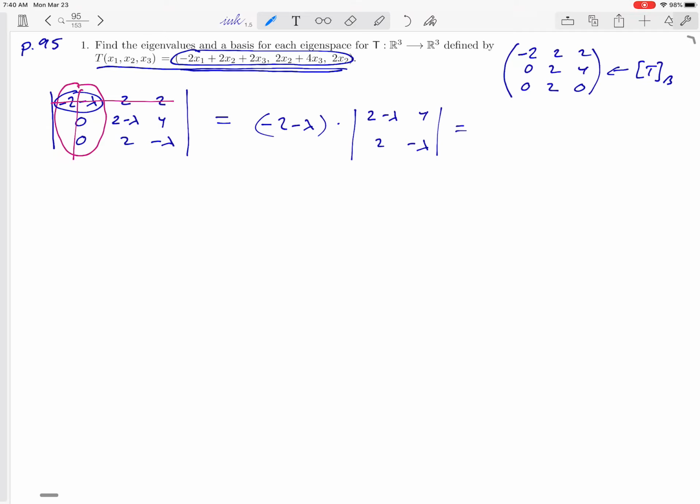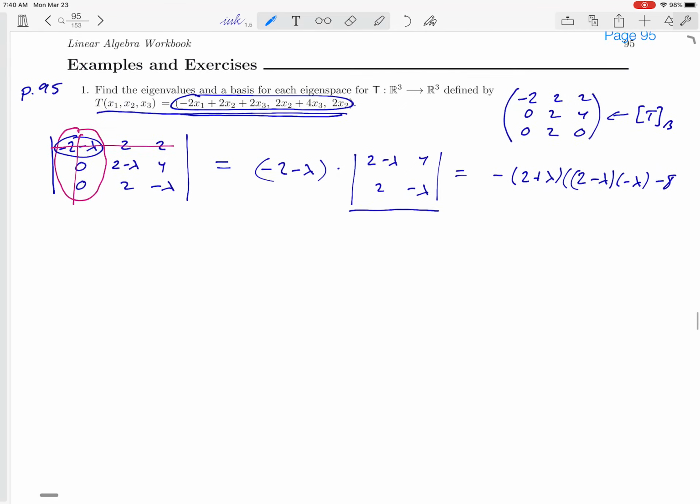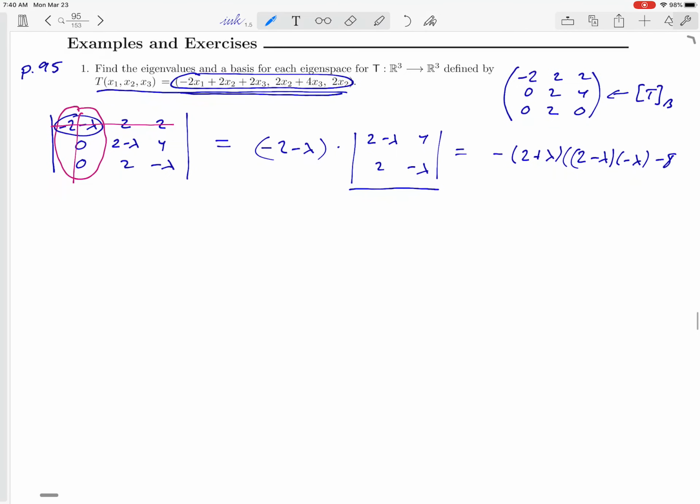To complete that calculation, we just need to take negative 2 minus lambda. I'm actually going to factor that, pull out a negative sign. Then we're going to multiply that by the determinant of this 2 by 2 that's left over. So that's going to be 2 minus lambda times negative lambda, minus 2 times 4, which is 8.